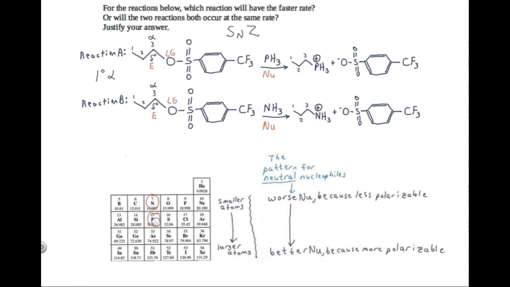So because the phosphorus is further down in the periodic table, this pattern tells us that the phosphorus will be the better nucleophile. So we expect that reaction A has the better nucleophile because it's using the phosphorus, and therefore reaction A will have the faster SN2 mechanism.